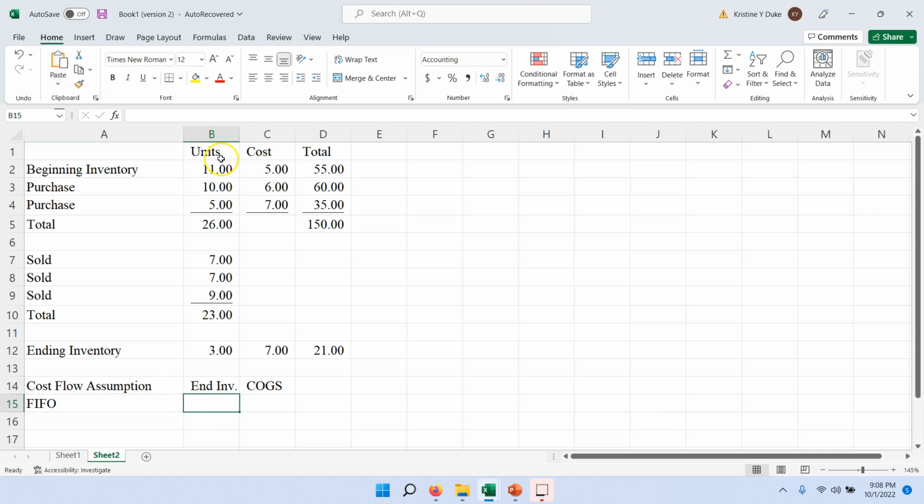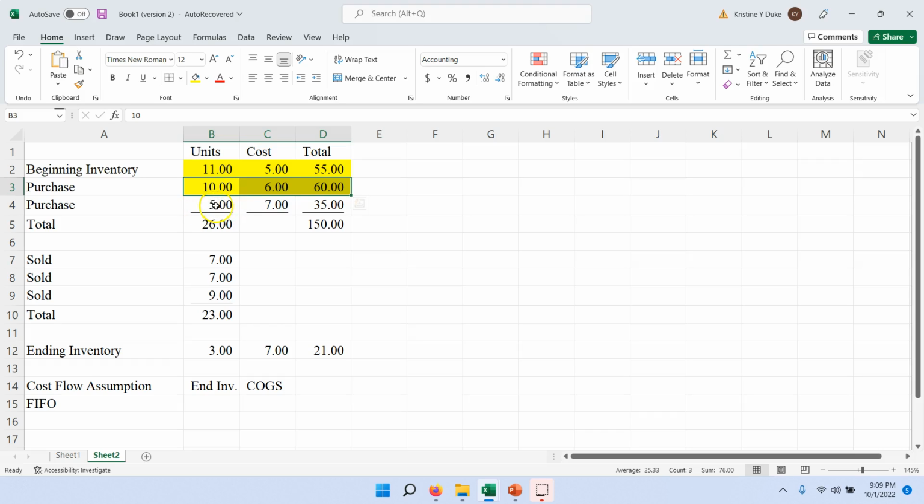So I know I had 26 units, first in, first out. I sold 23. So right here, I must have sold all of those units. I still have 13 to go. And then right here.